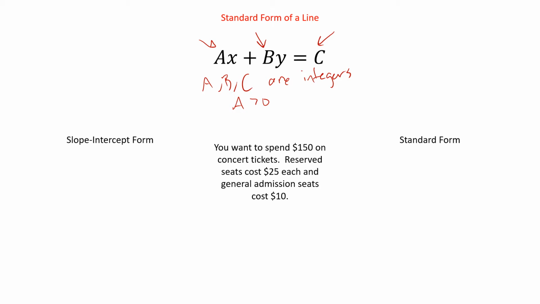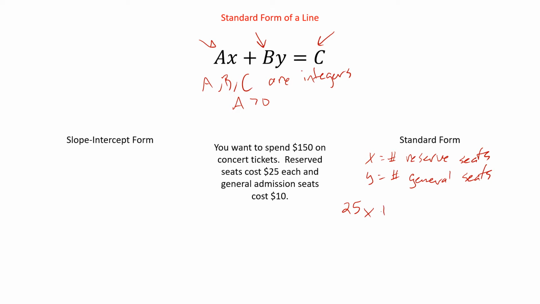So let's have x be the number of reserved seats, and y be the number of general admission seats. So how much are we going to spend on reserved seats? We're going to spend $25 times however many we get.